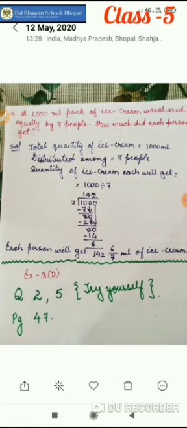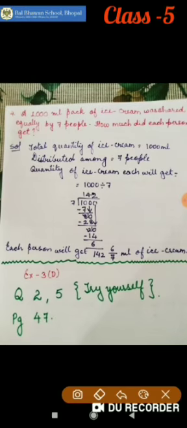Then again we will bring down the 0, it will become 20, and 7 twos are 14. 20 minus 14 is 6. So the remainder is 6. So each person will get 142 6 by 7 ml of ice cream. Because this partial portion is also left, so we will take it in a fraction.